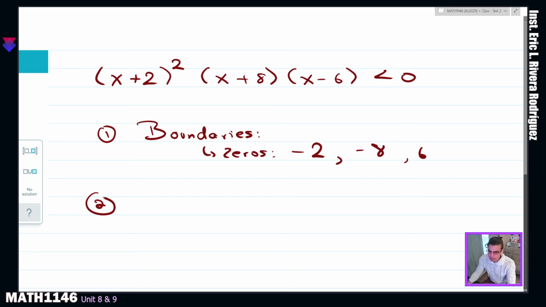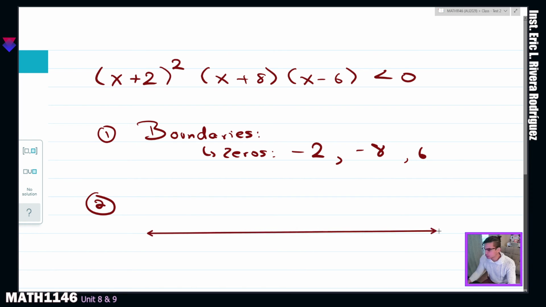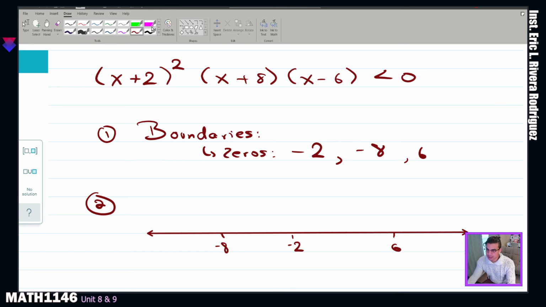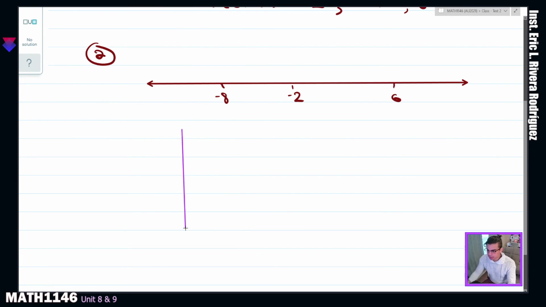Step number 2, let's go to the number line. All right, and let's put those numbers here. Those are the x-intercepts, so they are the boundaries between negative and positive values of the function.